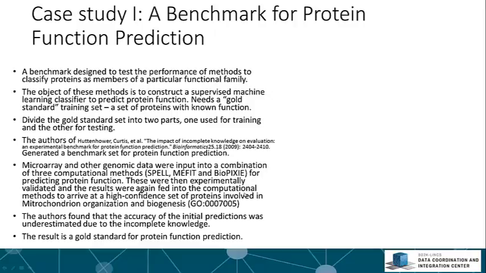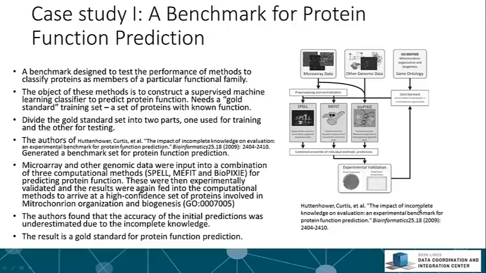The object of these methods is essentially a supervised machine learning classifier that takes in biological data and tries to predict the biological function of proteins.